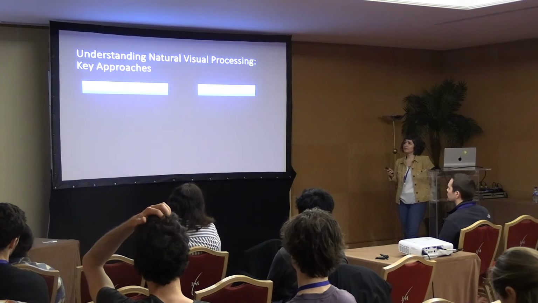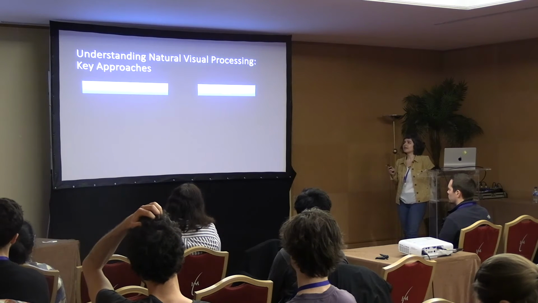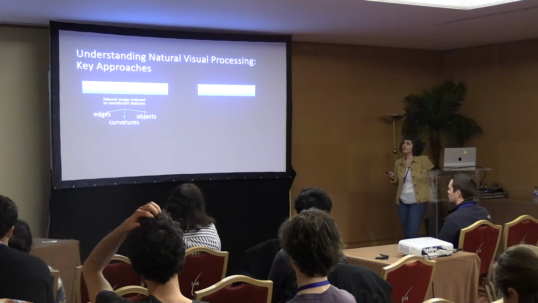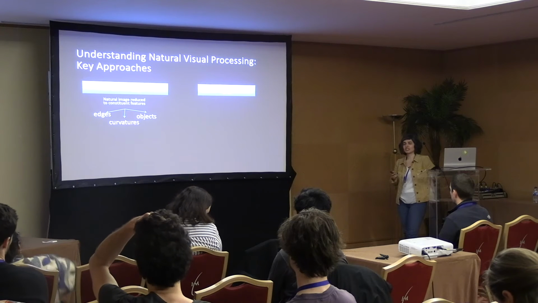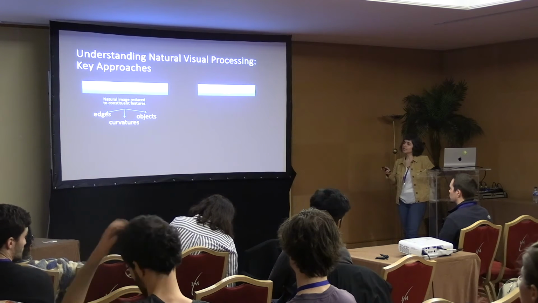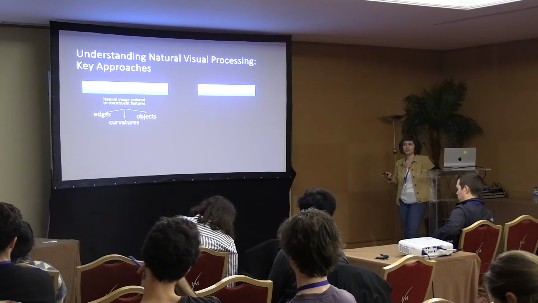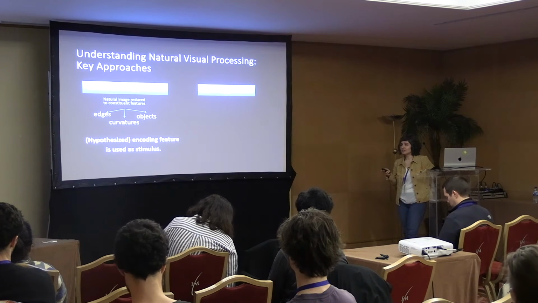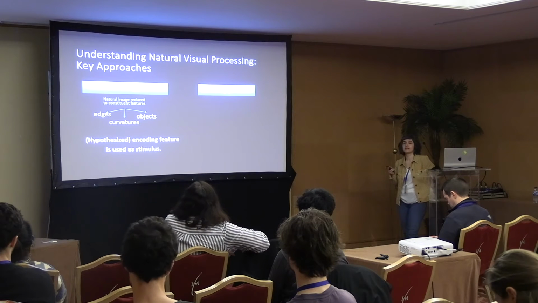And so there are mostly two main approaches so far. One is the classical approach. You probably all know about that. Starting from Hubel and Wiesel studies, they would break down the naturalistic image into constituent features like edges, curvatures, and objects. And so those encoding features were used, and are currently used, as the stimulus.